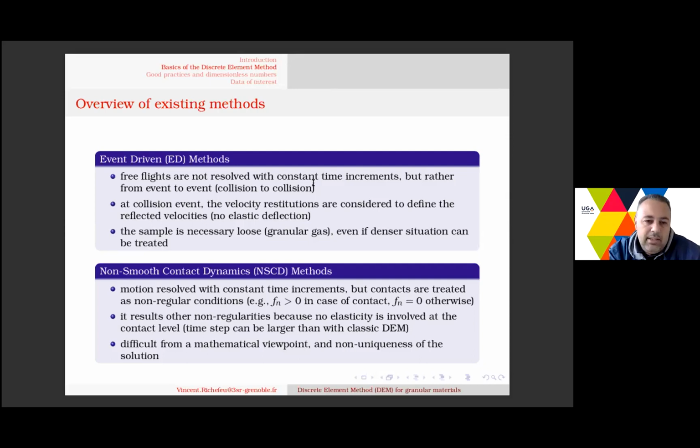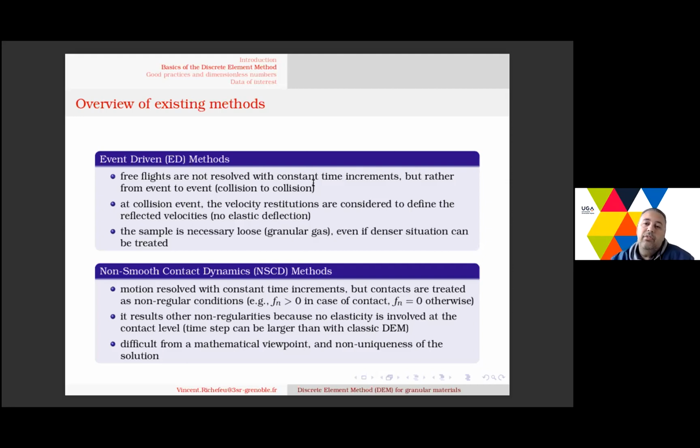Another method is the non-smooth contact dynamics, which is mainly developed in Montpellier, I think. In this method, the particles are rigid. The motion is resolved like in classical DEM, but the contacts are treated as non-regular conditions.